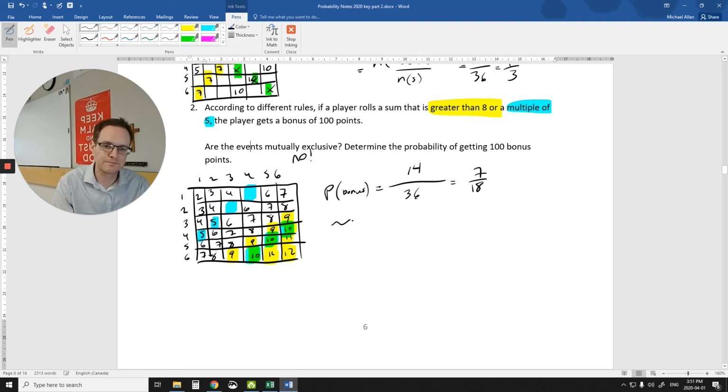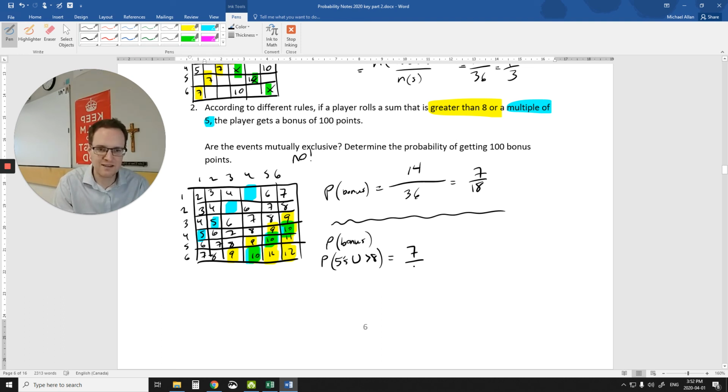So I get 7 out of 18 here. Okay? I can also use the formula to do this and see if we can get the same thing. So to get the bonus, it's either the multiples of 5, let's call that 5s, or, what's the other one? Greater than 8. Okay? So what's the probability of 5s? 1, 2, 3, 4, 5, 6, 7.